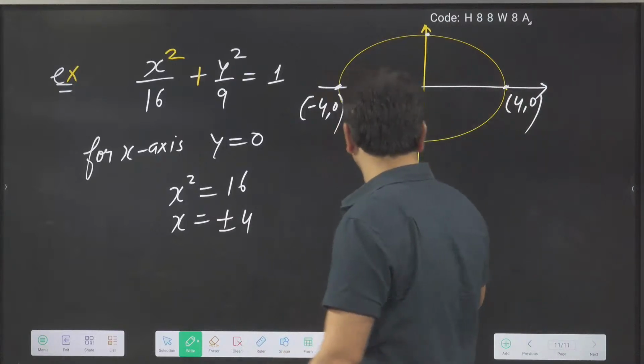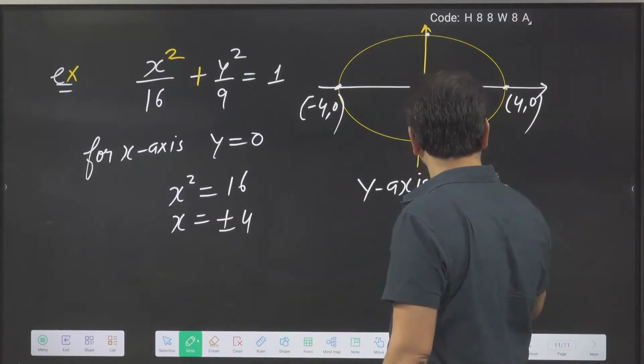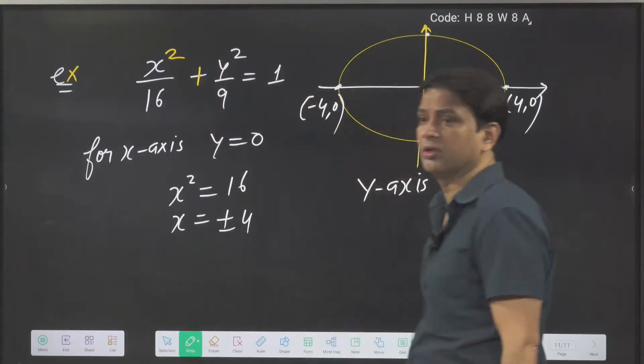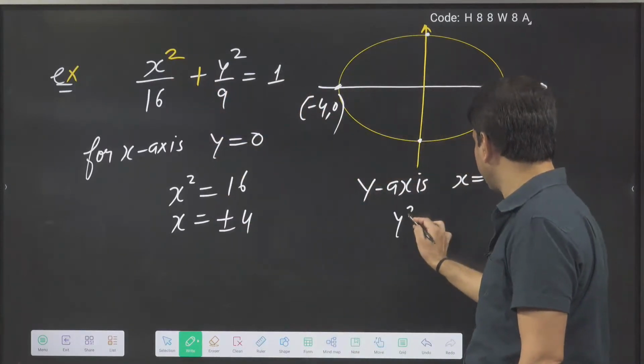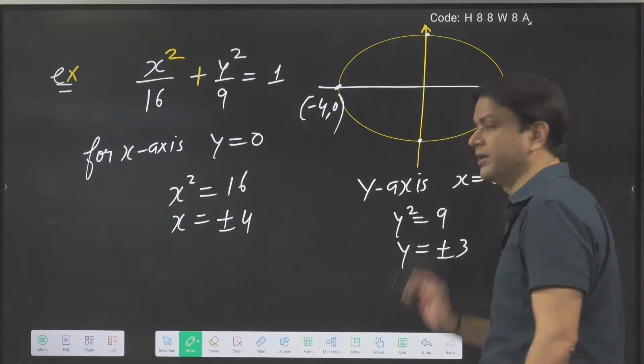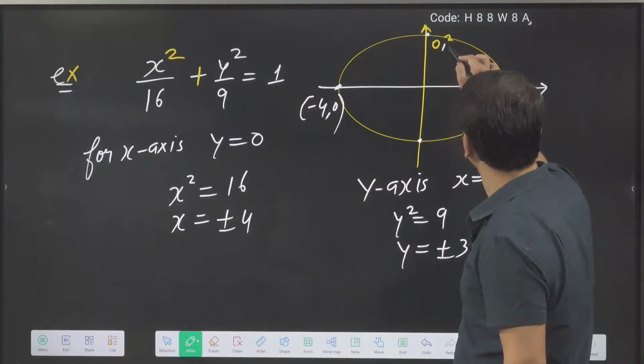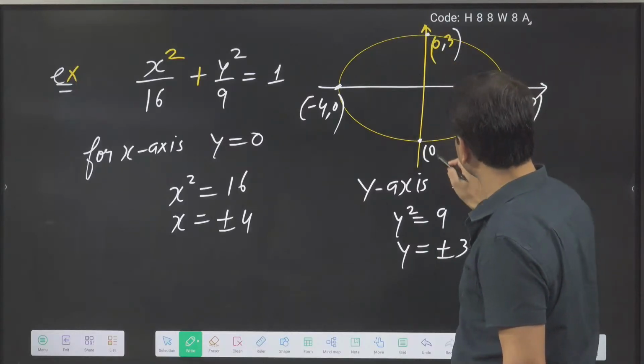Similarly for the y-axis, x is equal to 0. If I put x is equal to 0, then y square is equal to 9, so y is plus minus 3. So the graph will cut the y-axis at the points 0 comma 3 and 0 comma minus 3.